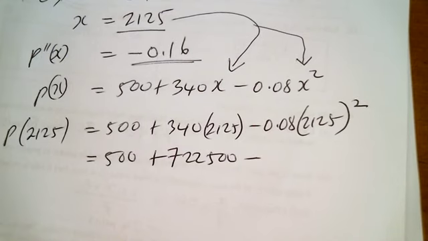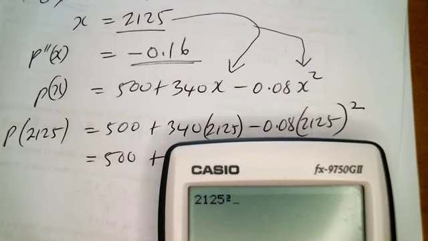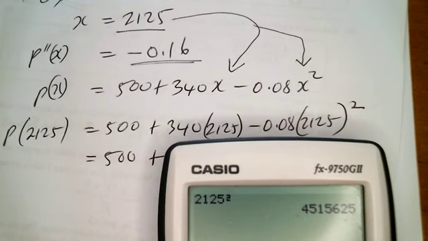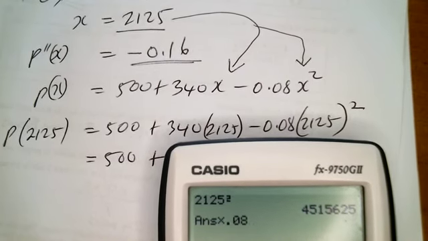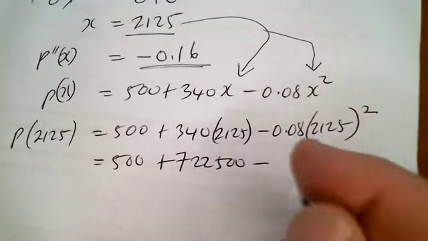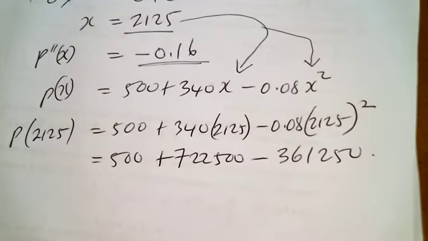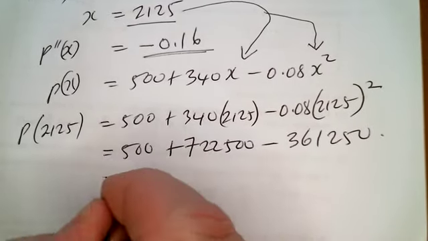So it's going to be 2125. I'm going to square that, and I'm going to multiply it by 0.08, and I get 361,250. All right, so let's now put all that together.